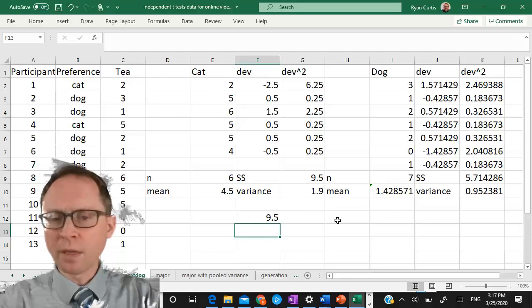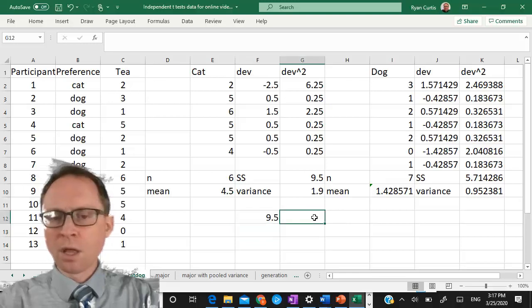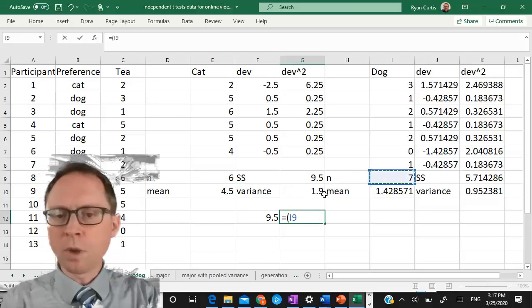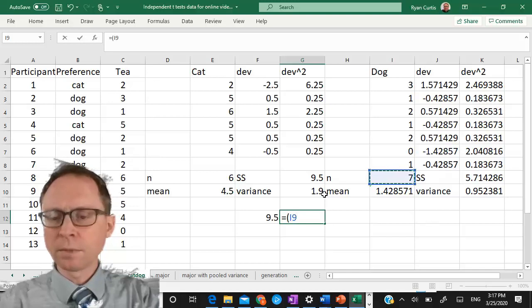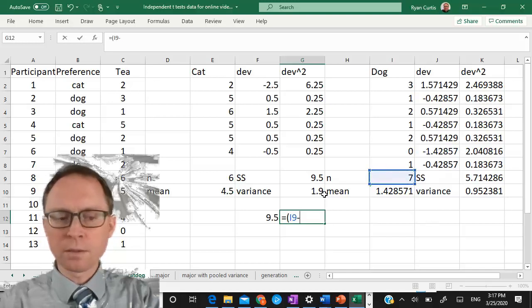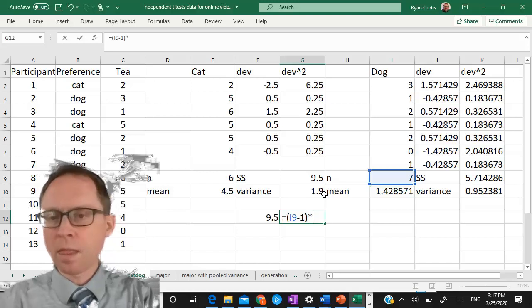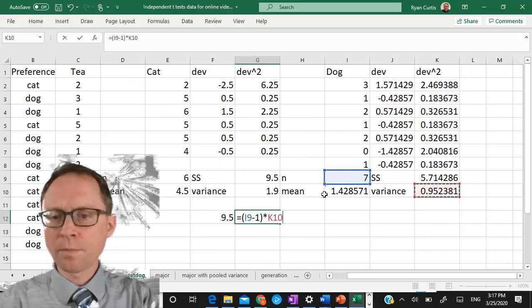We need to do the same thing for the other group. So in this particular case, I'm going to need n sub 2, which is 7, minus 1, times the variance of that group.